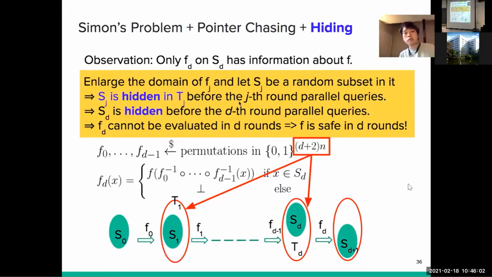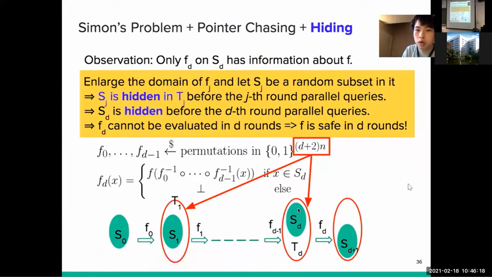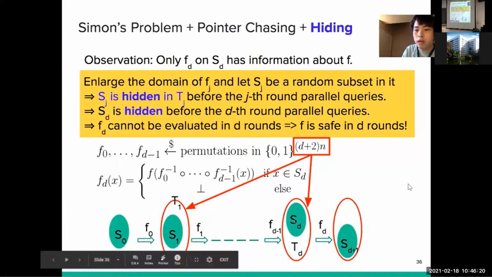So we enlarge the domain of fj and let Sj be a random subset in Tj. Therefore, Sj is hidden in Tj, like S1 is hidden in T1 before the first round of parallel queries occurs. So Sd is hidden before this round of parallel queries occurs. So before we make these parallel queries, we cannot know Sd.